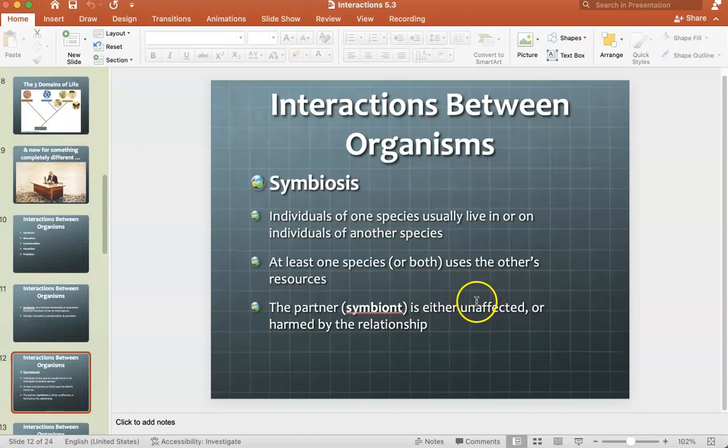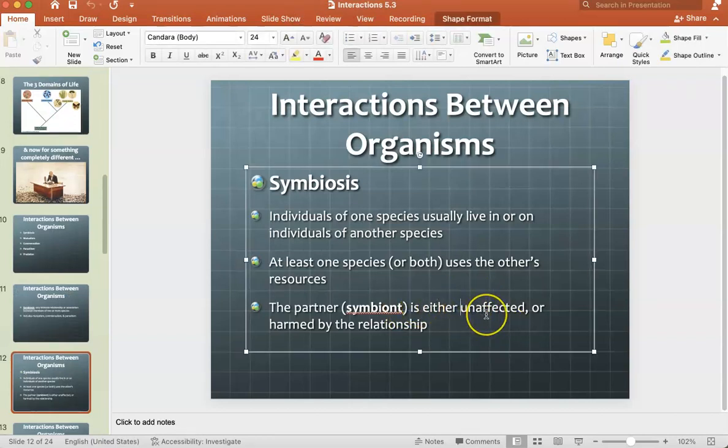The other partner either benefits, is unaffected, or is harmed by the relationship.